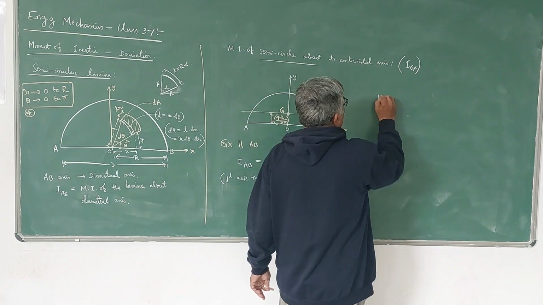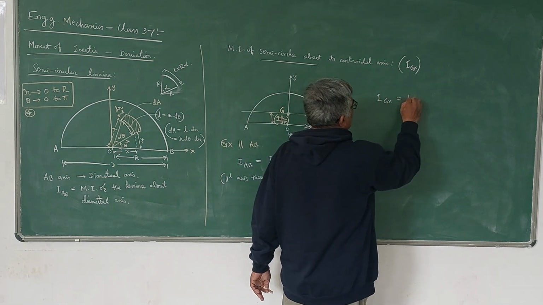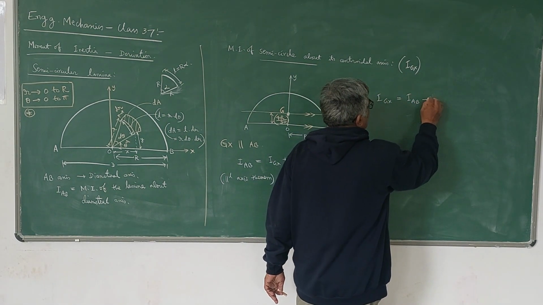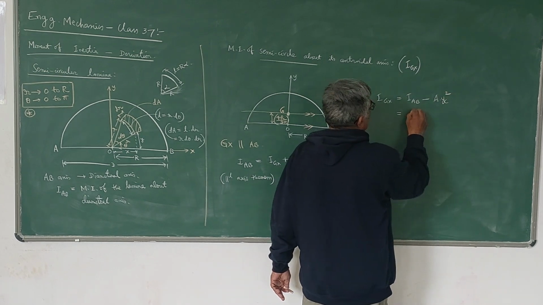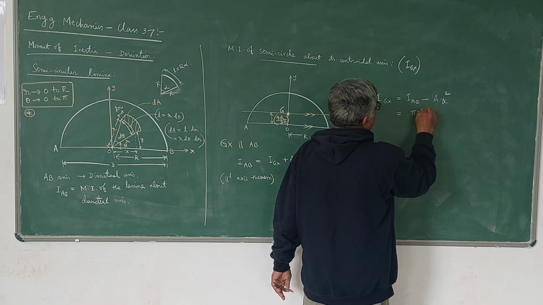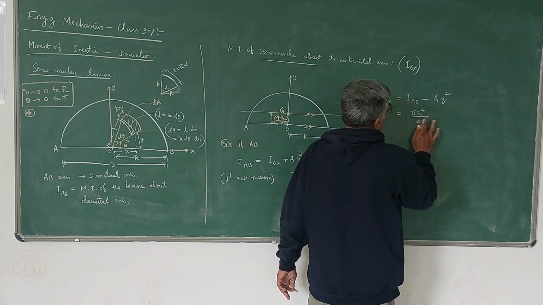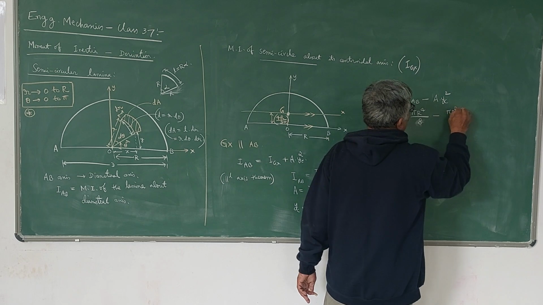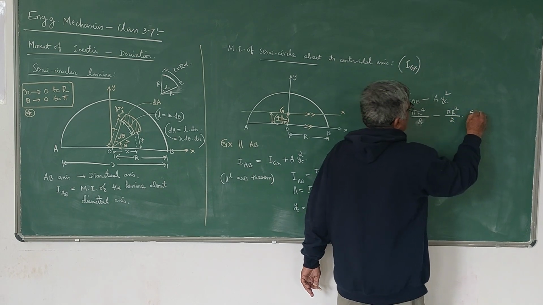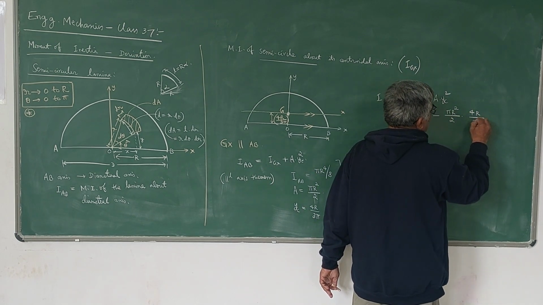So IGX is equal to IAB minus A into YC square. So IAB is pi r power 4 by 8 minus area is pi r square by 2 into YC, which is 4r by 3 pi, square of that.